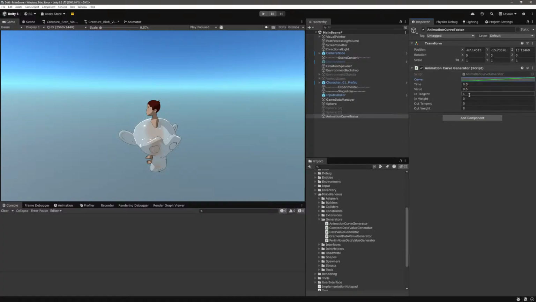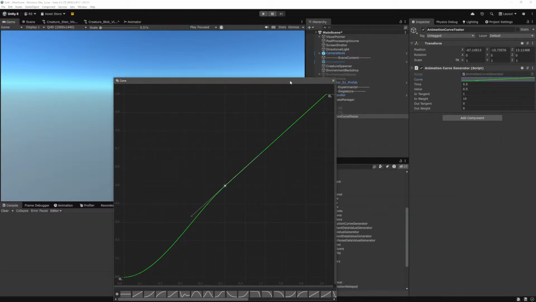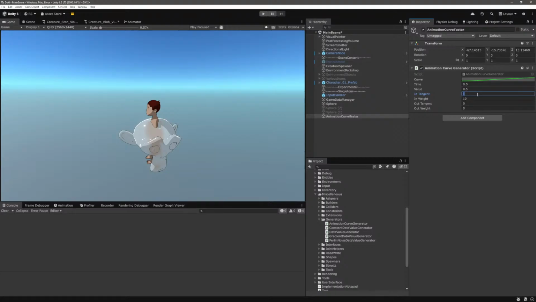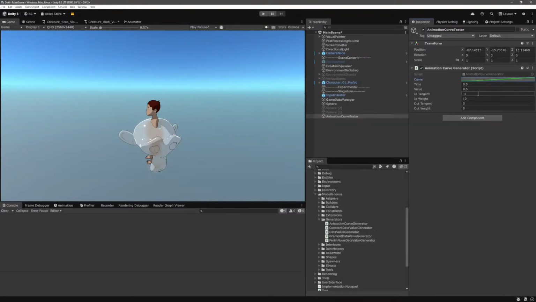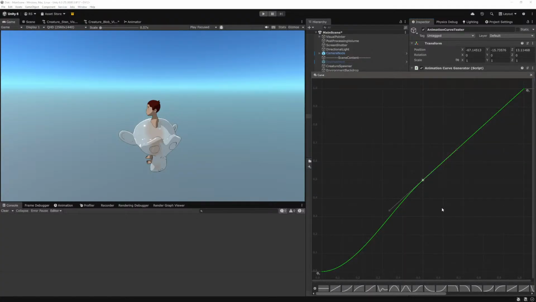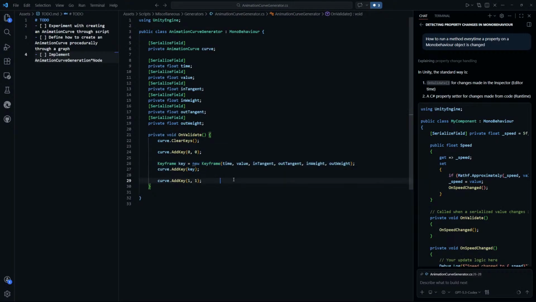What the heck? I'm not seeing the change I'm anticipating here.